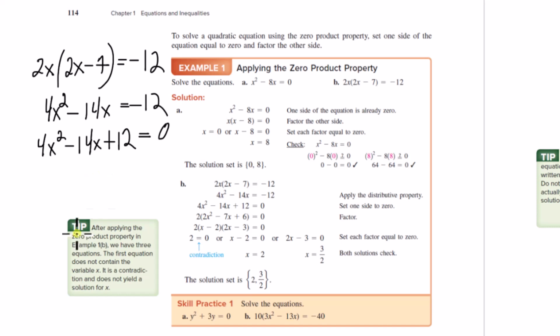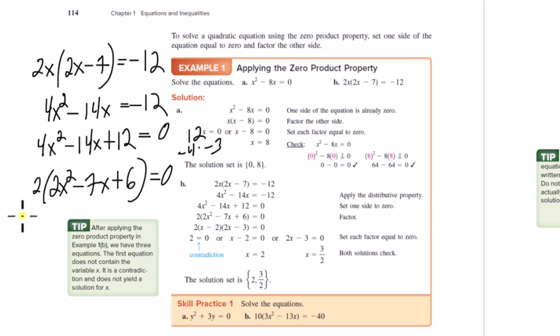Okay, now let's factor the left side. Let's take out a 2 here. So 2x squared minus 7x plus 6 is equal to 0. Okay, so let's see. 6 times 2 is 12. Now you can do minus 4 times minus 3. So we could do 2 times 2x squared minus 4x minus 3x plus 6 is equal to 0.